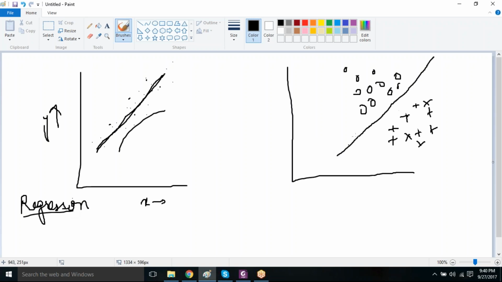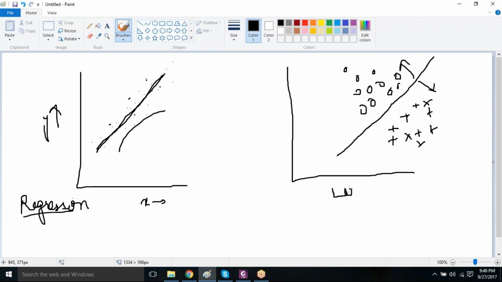Here they wanted to fit a line, but what they wanted was that it can classify the data points. So it was a kind of fitting, but not for the purpose of prediction, not fitting on the data. It was like placing a line somewhere so that the classes can be separated out.